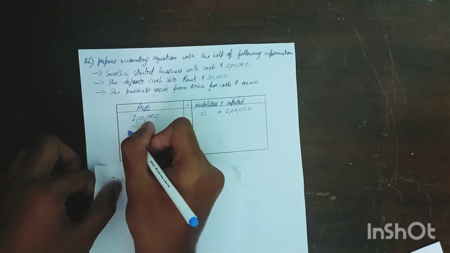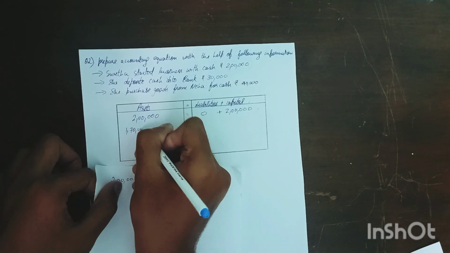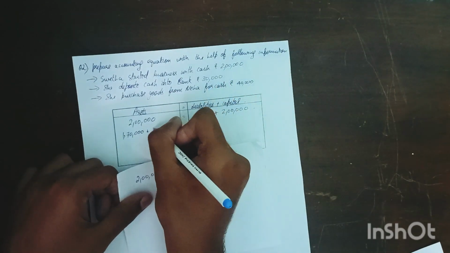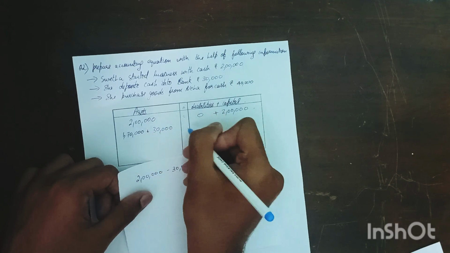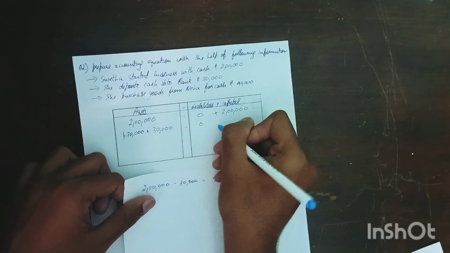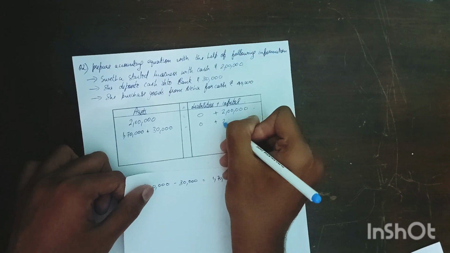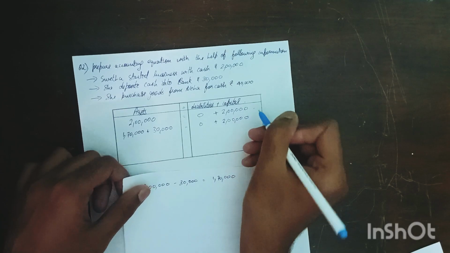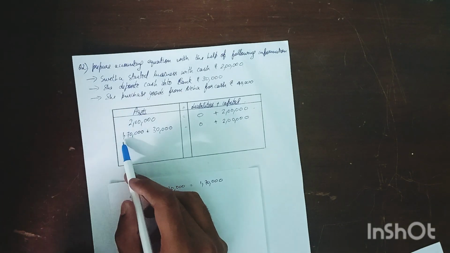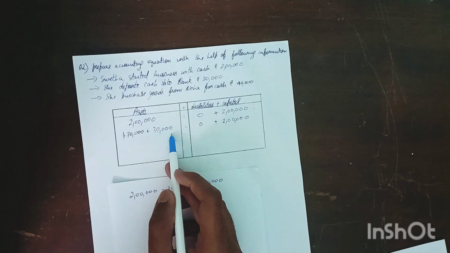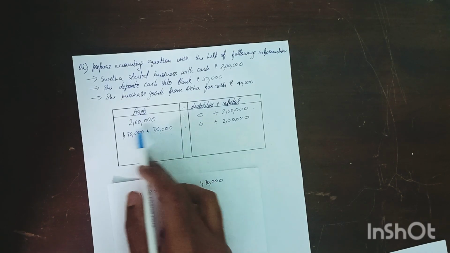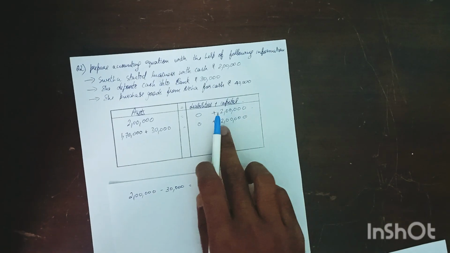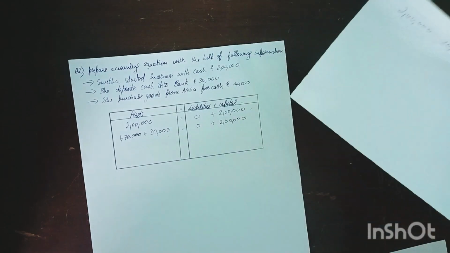We write 1,70,000 plus 30,000, is equals to 0 plus 2 lakh. So this is the cash that she has in hand, and this is the cash that is deposited into the bank. Both are her money, and 2 lakh is also the capital. We should not change the capital.